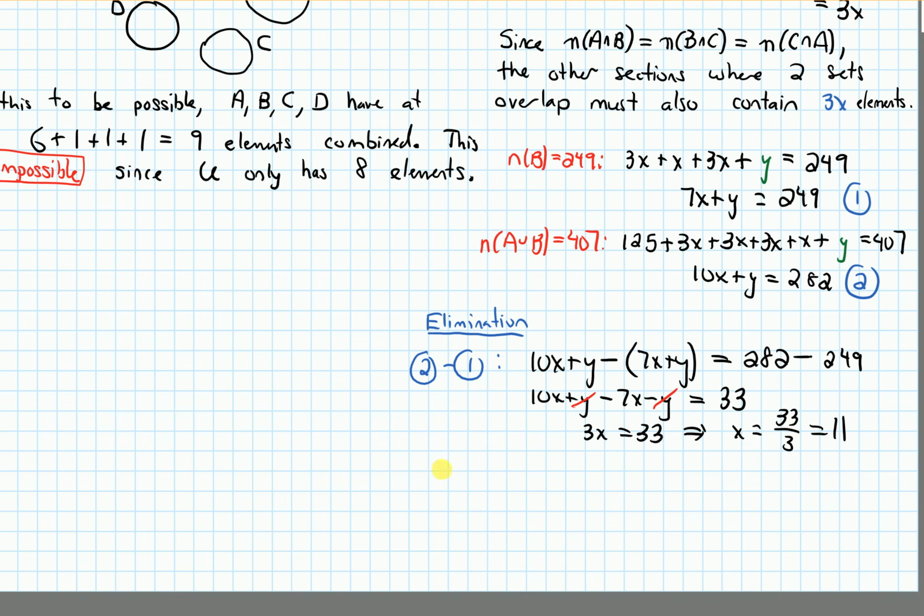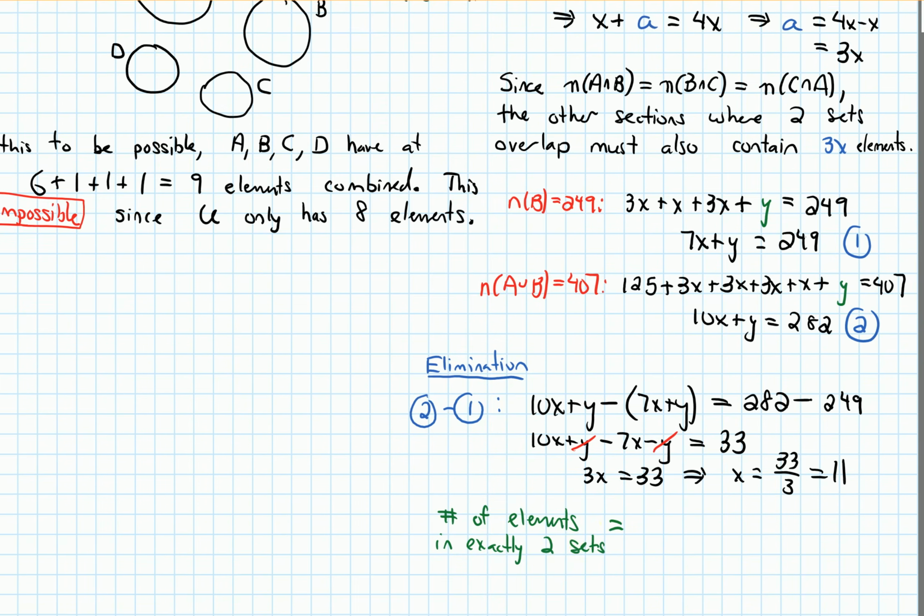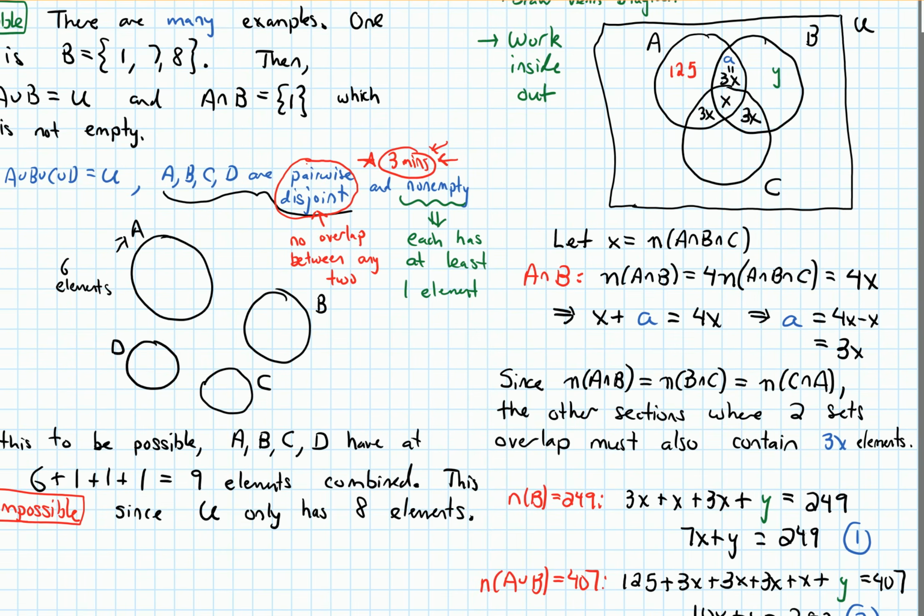But remember, the question wanted us to find the number of elements that are in exactly 2 of A, B, and C. So exactly 2 of the sets. What portions of this Venn diagram correspond to the region that I want, in exactly 2 of the sets? Well, it's here, and here, and here.